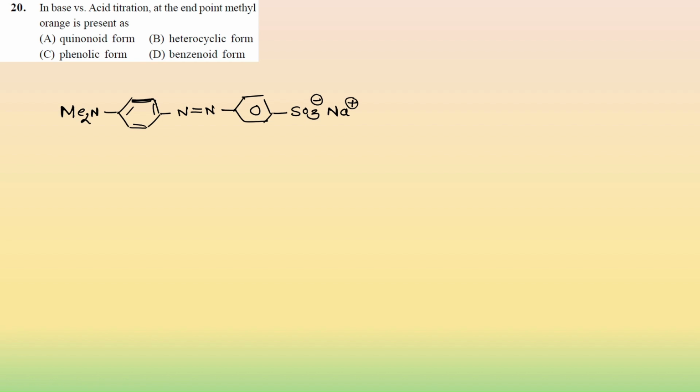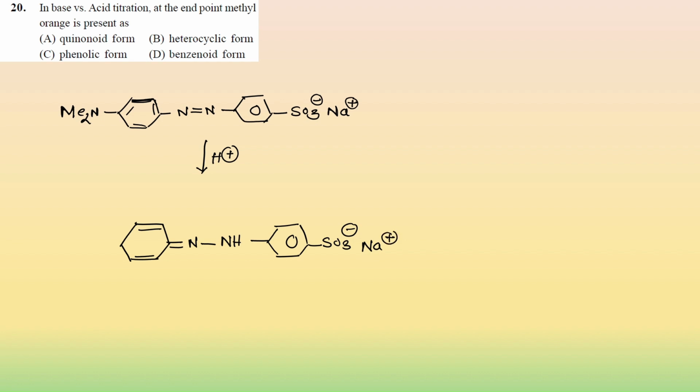When it is in the presence of H plus, in base versus acid, it becomes a quinonoid structure. Quinonoid structure means a double bond N, single bond NH, and this structure has SO3 minus Na plus, and here Me2N is bonded to this.